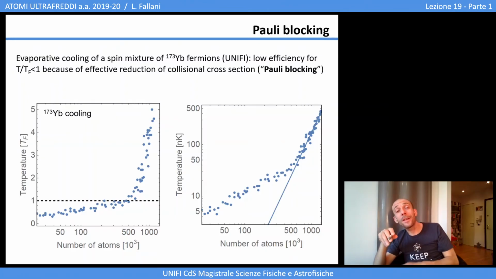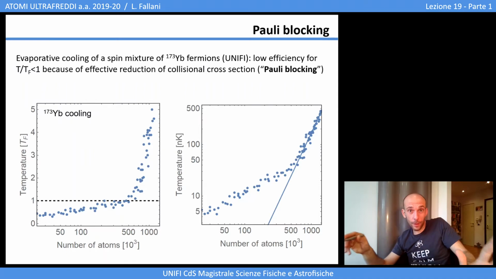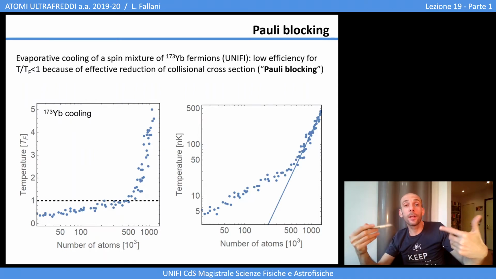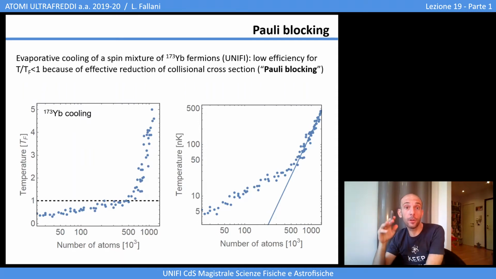And quantum effects can be also observed in the cooling process itself. So let me show a slide. What you see here is the temperature of a gas of fermions as a function of the number of particles during the cooling process. This data refers to a spin mixture of ytterbium fermions, and this comes from our labs at the Department of Physics.